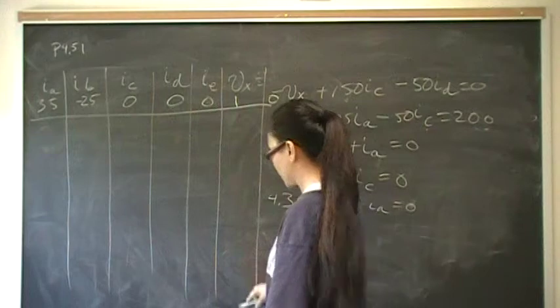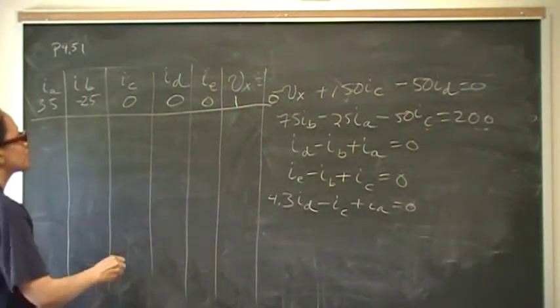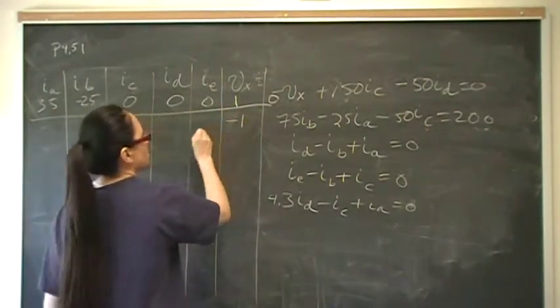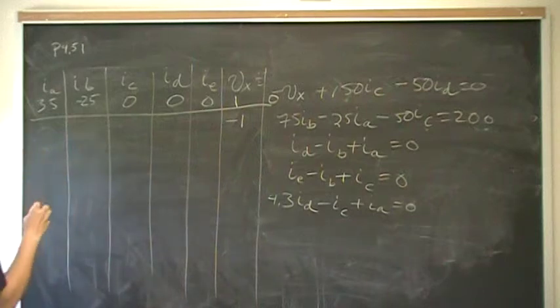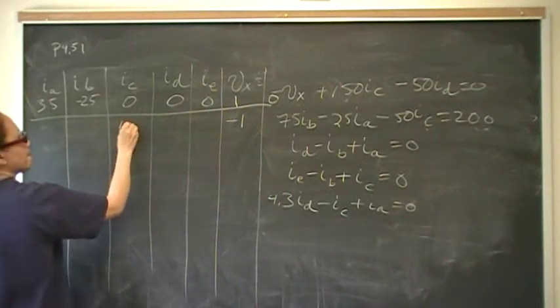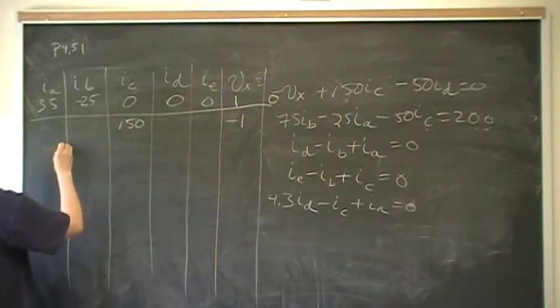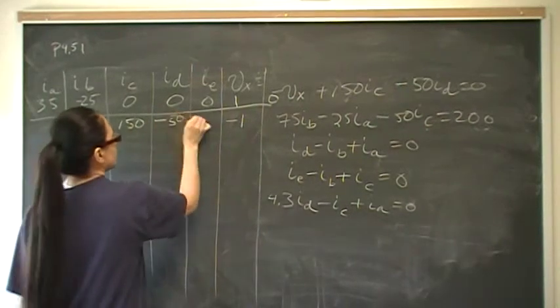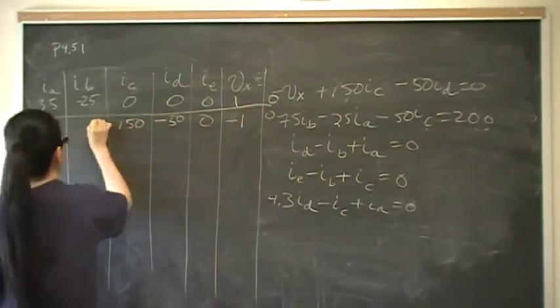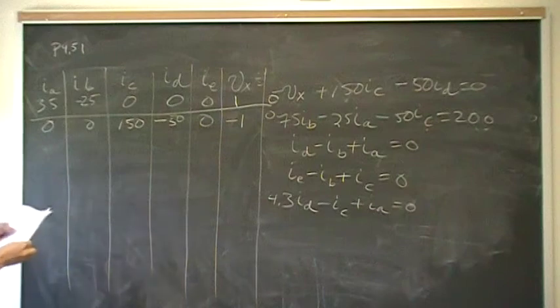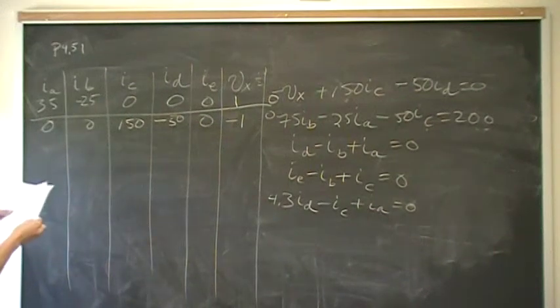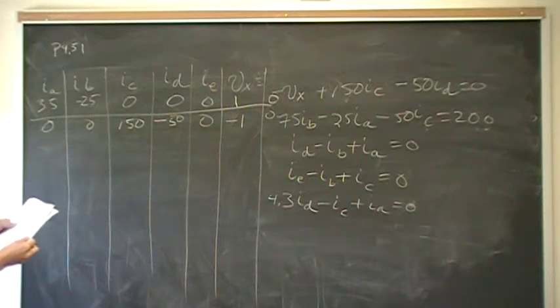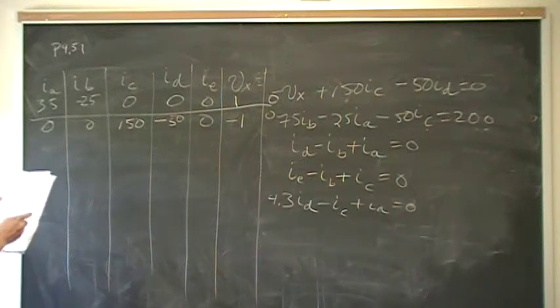Our second equation, we got negative 1 for VX, 150 for IC, and then we got negative 50 for ID, and zeros everywhere else.